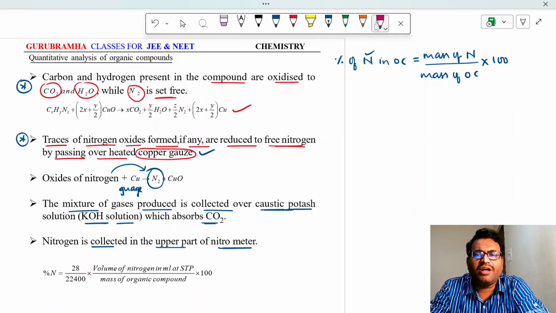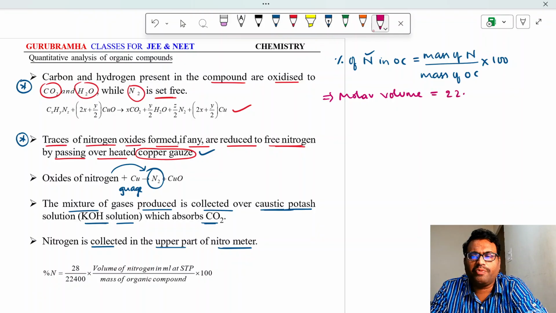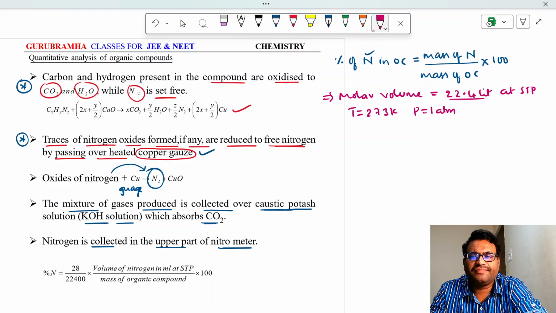When you consider molar volume, let us take molar volume as 22.4 liters at STP, that means temperature 273 Kelvin and pressure 1 atmosphere. Then molar volume will be this.